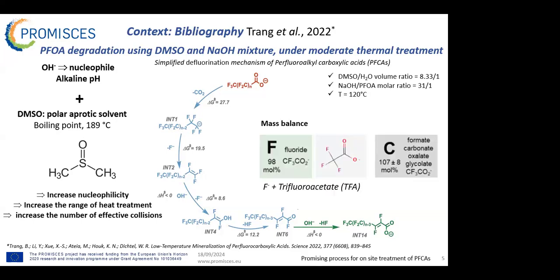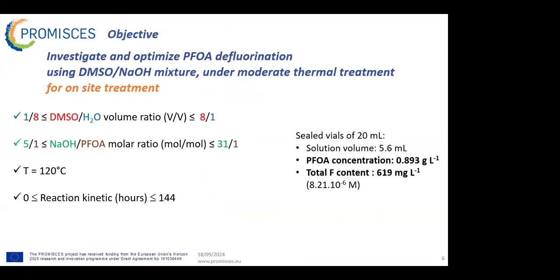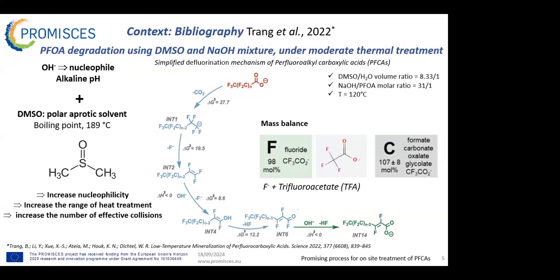At the end of the experiment there is a mass balance: 18% of the fluorine content is under fluoride, and TFA, the trifluoroacetate, is present. The total carbon is under formate, carbonate, oxalate, glycolate, and TFA. So that is a promising process for on-site treatment of PFAS.